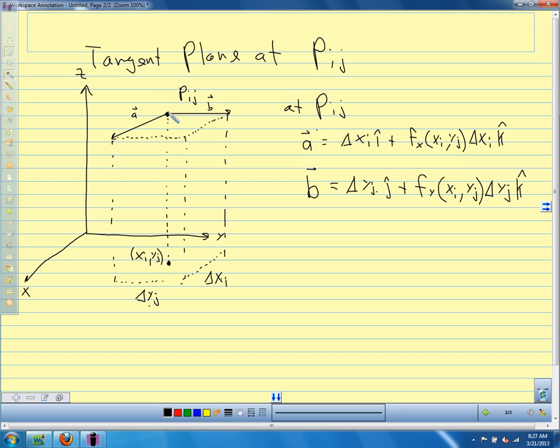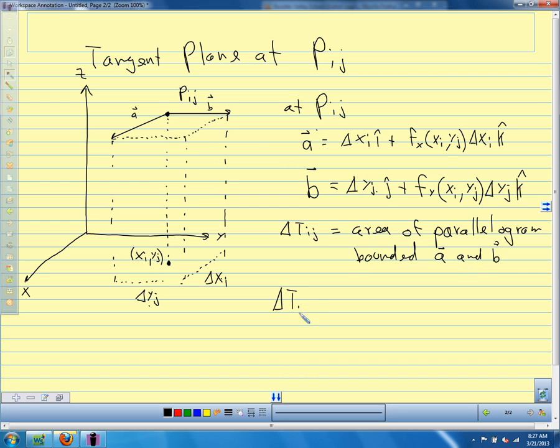So let's call the area delta T sub ij the area of the parallelogram defined by vector A and vector B. So delta T sub ij is the magnitude of A cross B.